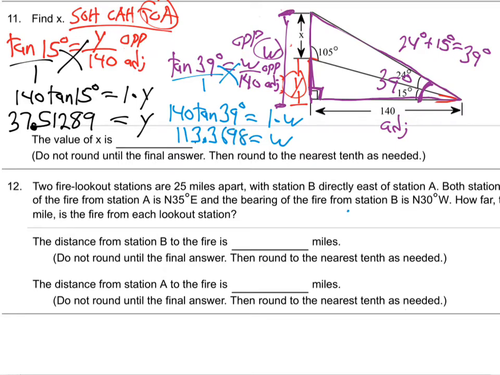So that's W. W is the whole length. If I subtract Y, I'll get X. So X must be W, take away Y. So W, which I just got, subtract 37.51289. I'm getting a difference for X of 75.